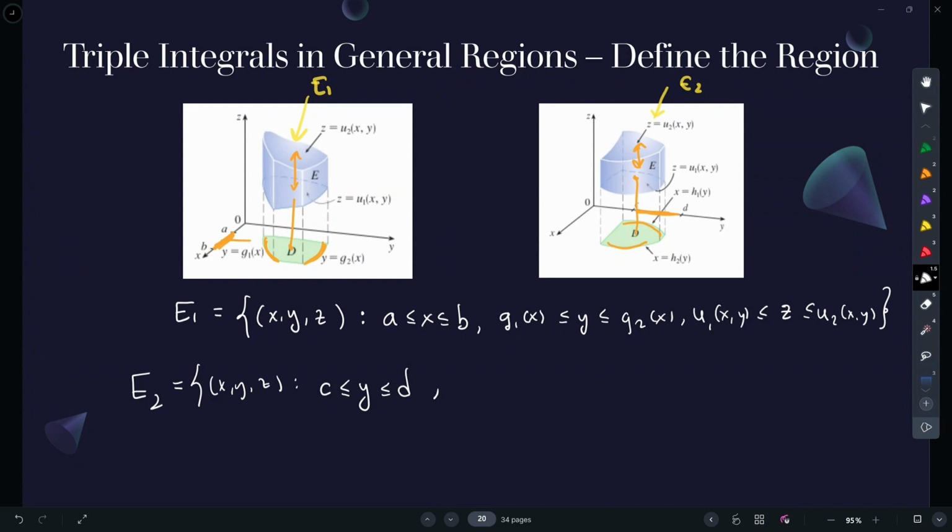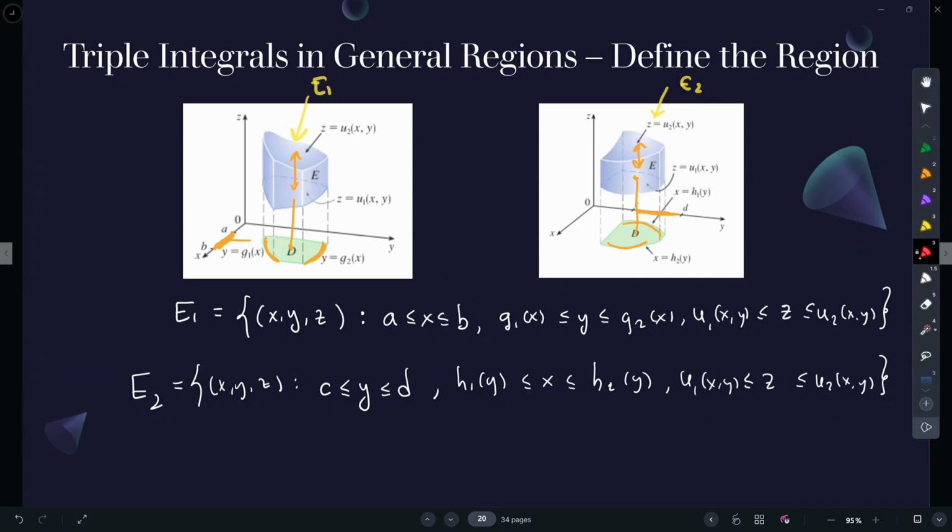The x is between two functions of y. And the z is, again, between two functions of x and y. Okay?